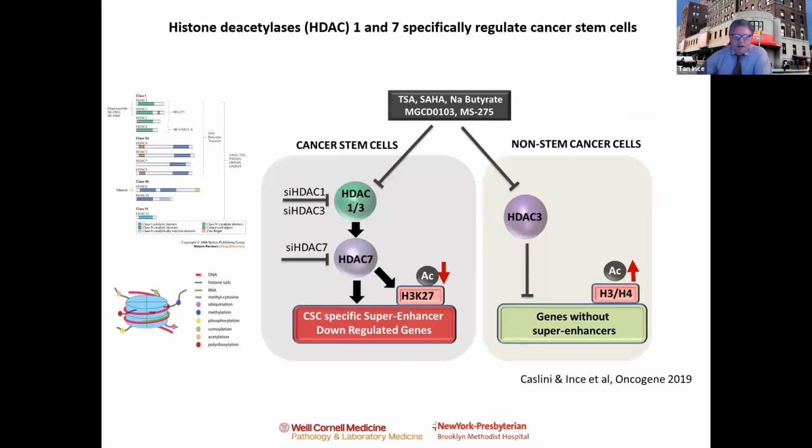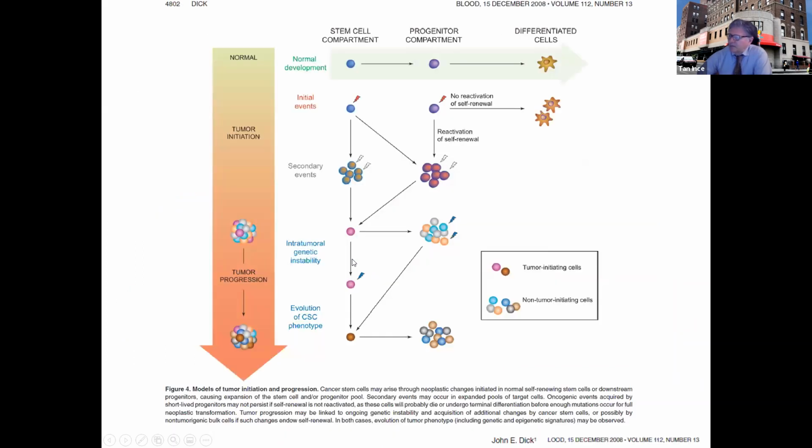So what we found in my research is that a couple of these histone deacetylases, HDAC1 and HDAC7, are highly expressed in cancer stem cells, but not in regular tumor cells. So we think that this really explains the difference.